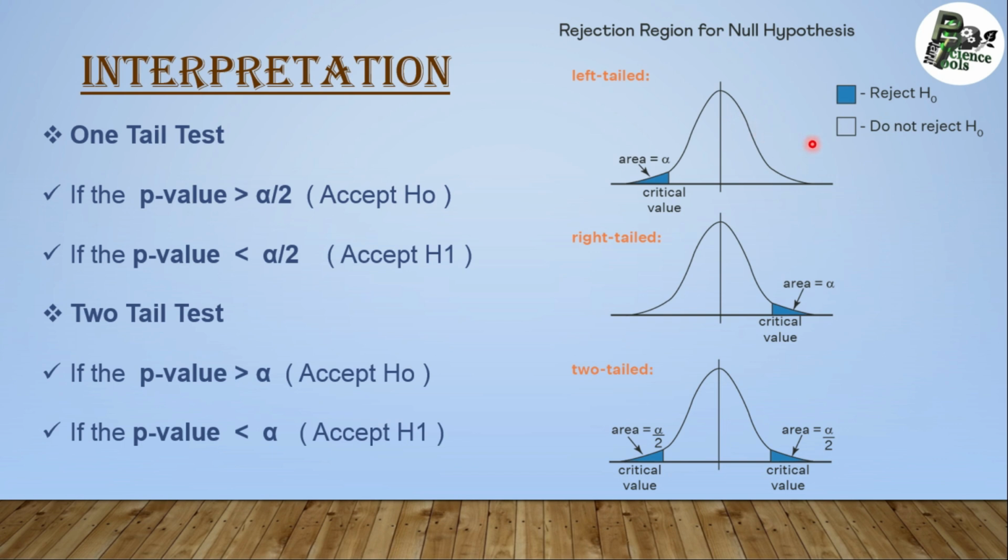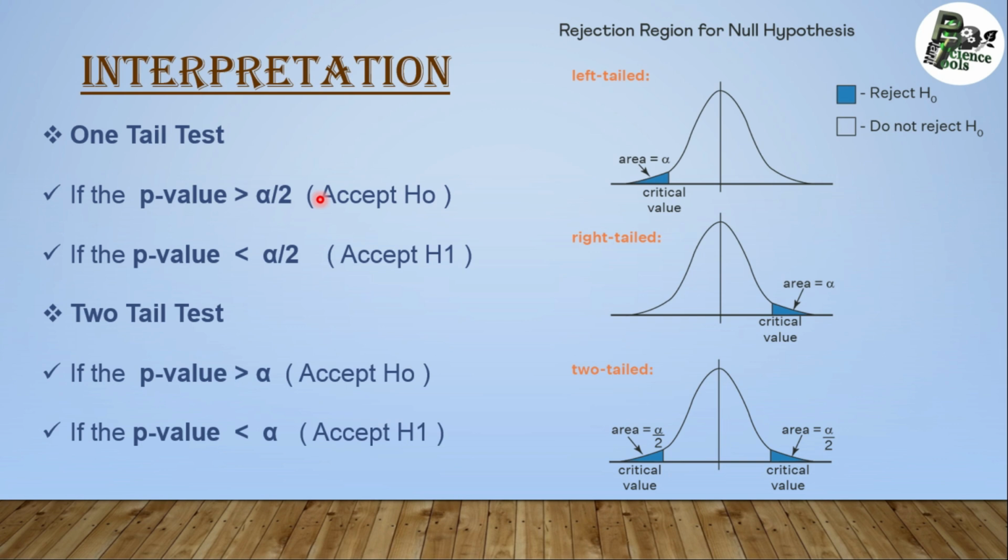If the value of the Z test or p-value falls in this area, we do not reject the H0. You can see in all these diagrams, left tail, right tail and two tail, the blue color is rejecting the H0 and the white area does not reject the H0.